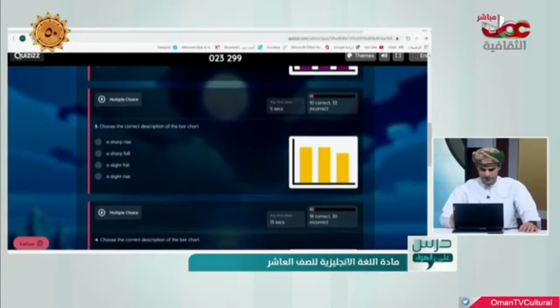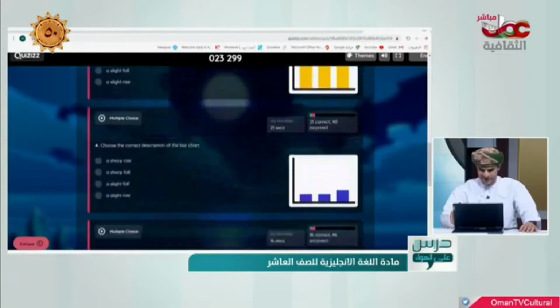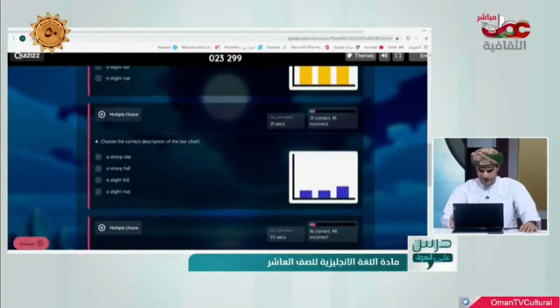Third question, is it a sharp rise? No rising here. Or a sharp fall? Not that much. Or a slight fall? Just a slight. Okay. Question 4. Is it a sharp rise? No. Is it a sharp fall or a slight fall or slight rise? It's a rise, but it's not that sharp.